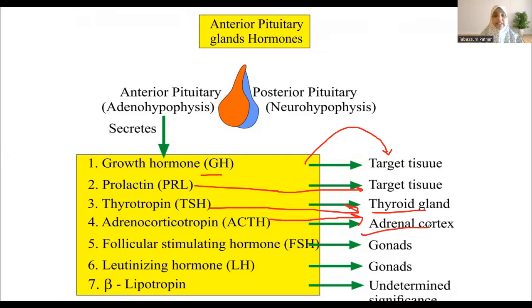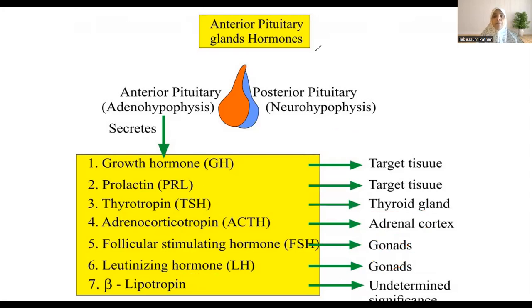Then the follicle stimulating hormone will go and activate the gonads, male and female reproductive. And even the luteinizing hormone will have an effect on the gonads. Beta-lipotropin's function as such is not completely discovered or confirmed.